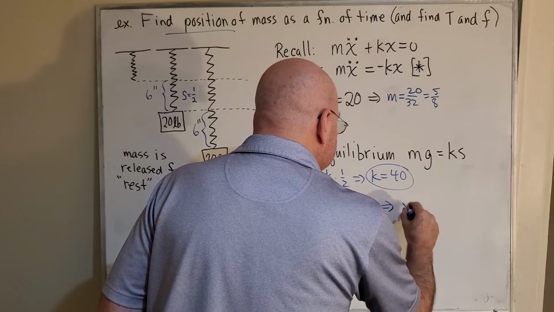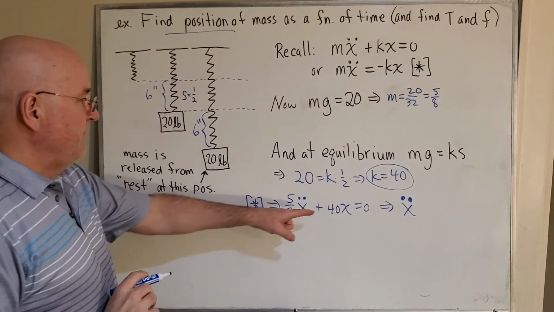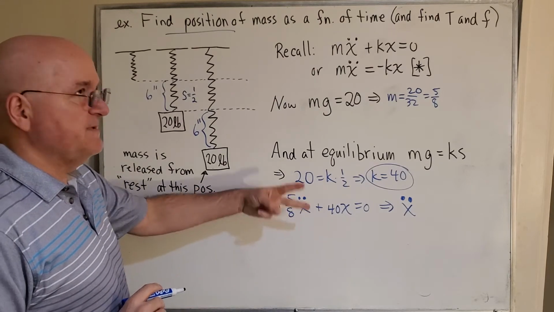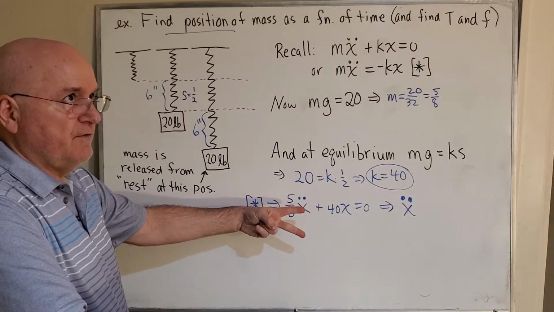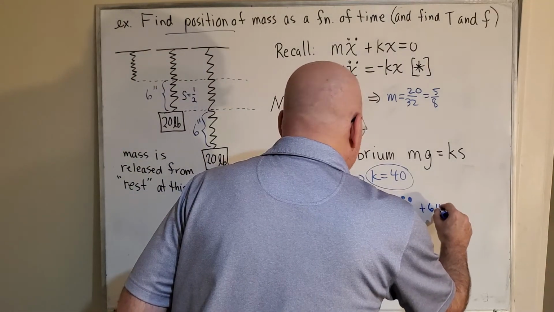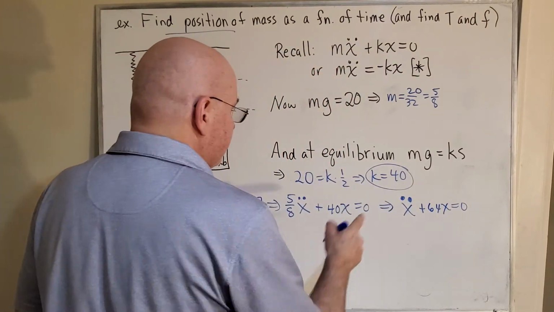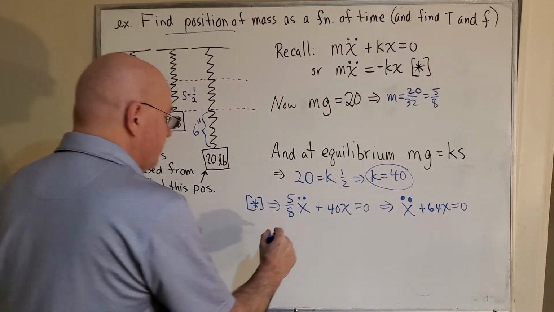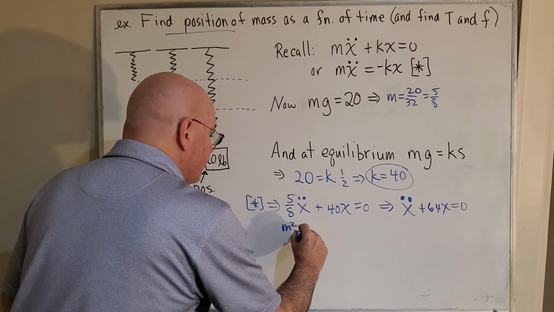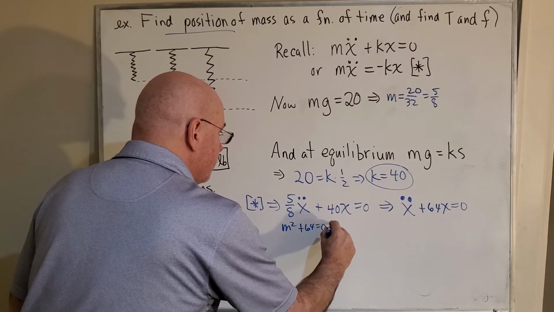And we'd get x double dot, second derivative, plus 40 times 8/5. 40 over 5 is 8. 8 times 8 is 64. So that gives us a characteristic equation of m squared plus 64 equals 0.